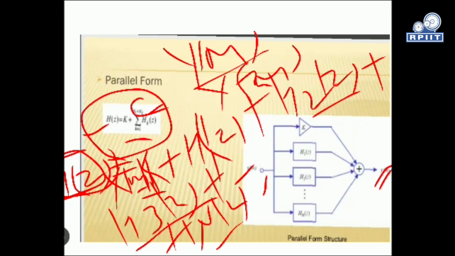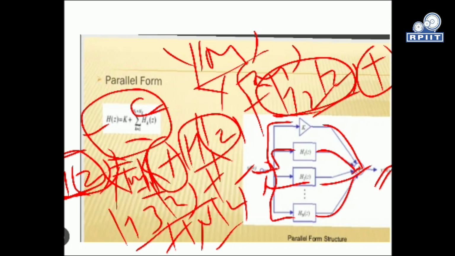So for X times k we draw X coming from here and k from here, and that goes into the summation. Then again X is multiplied with H1(z), and that goes to the summation, right?